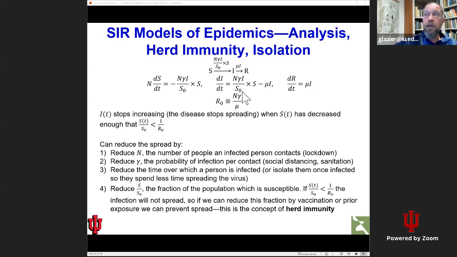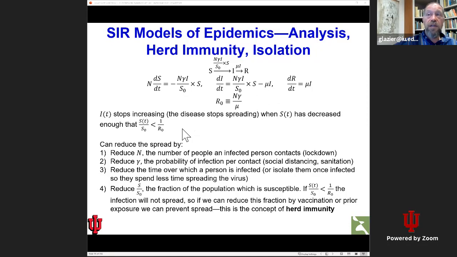If I rearrange this term, the I comes out, so I have n gamma times S over S naught minus mu is negative. And if I put R naught equals n gamma over mu, I get R naught times S over S naught minus 1 is negative.